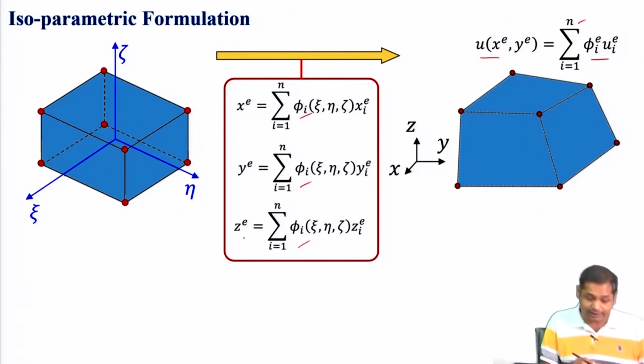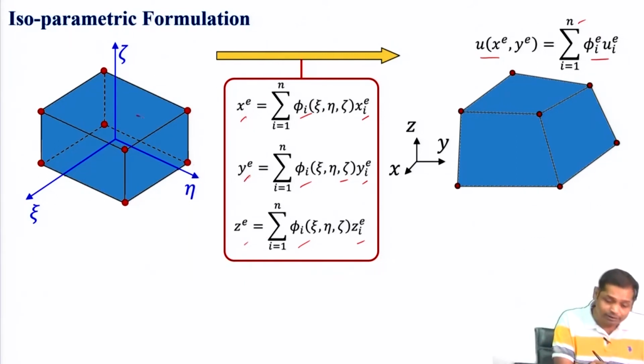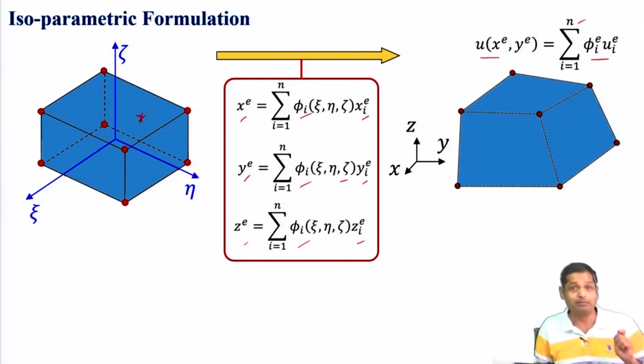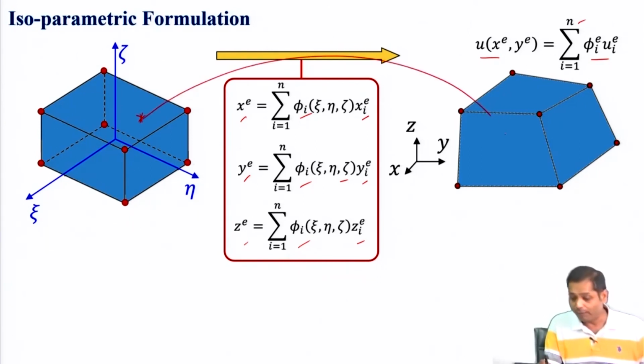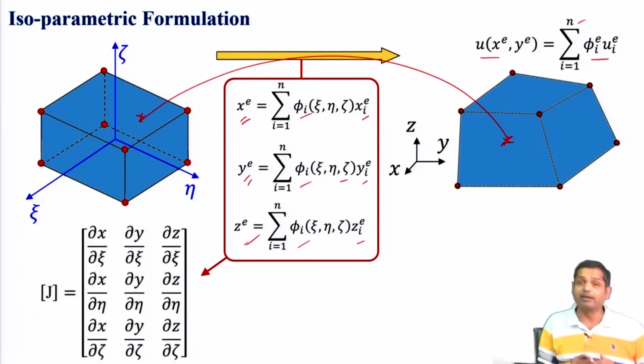So, x, y, z are also written in terms of the shape function, where xi, yi and zi are the nodal coordinates in the physical domain. Xi, eta, zeta are the natural coordinates, and if we have any point in the parametric space, this point is mapped to the physical domain through this transformation.